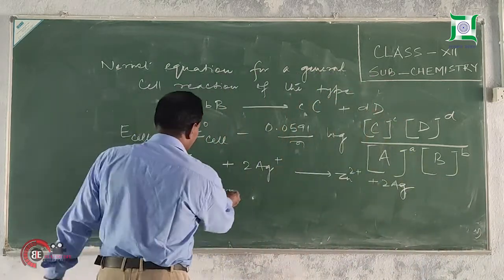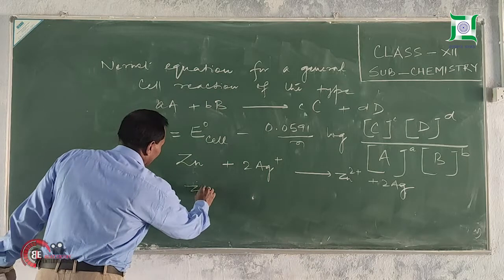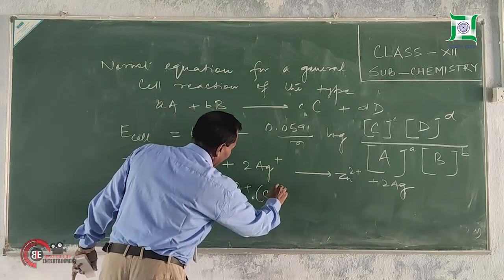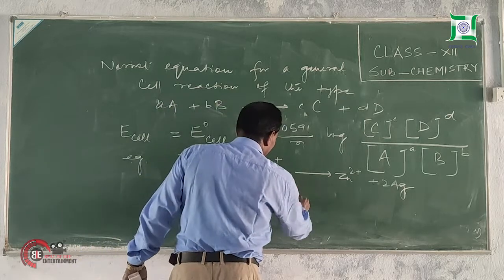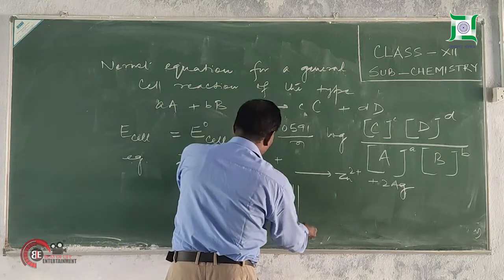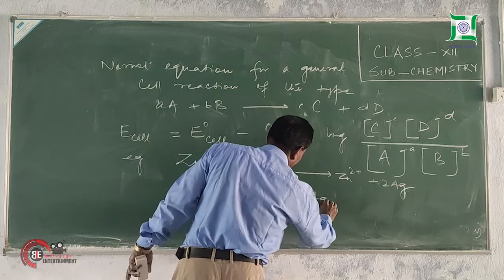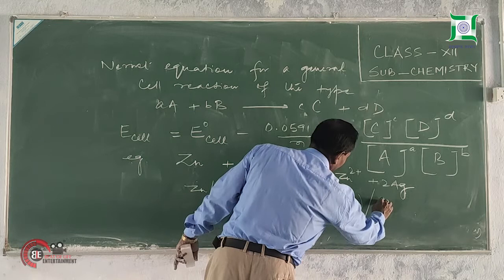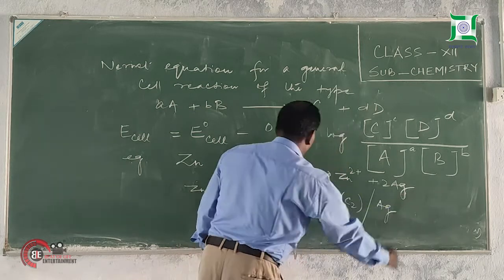This can be written as Zn | Zn2+ with concentration C1, then the salt bridge, then Ag+ with concentration C2 | Ag.